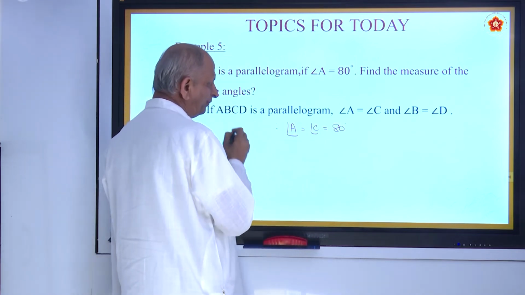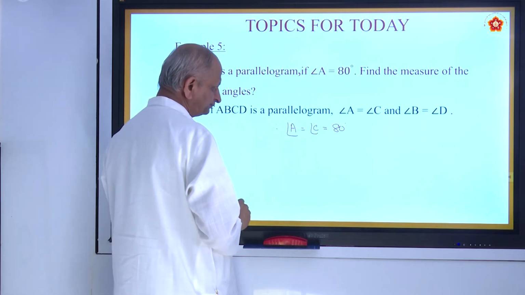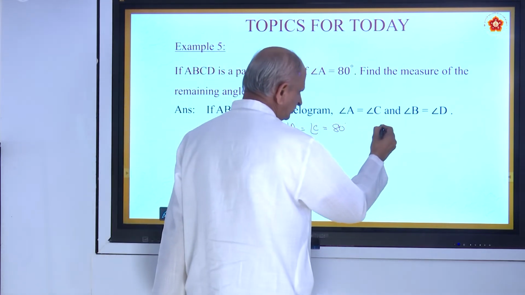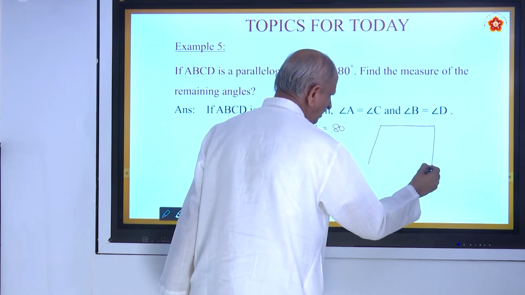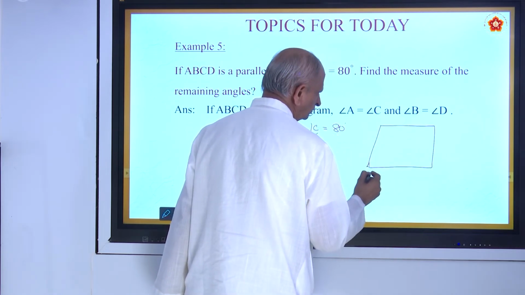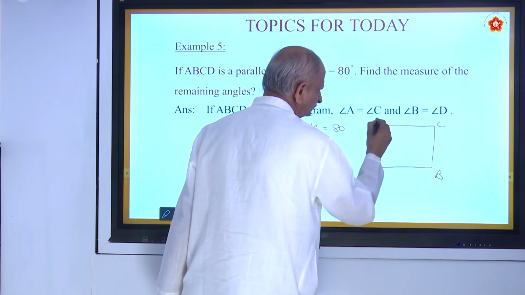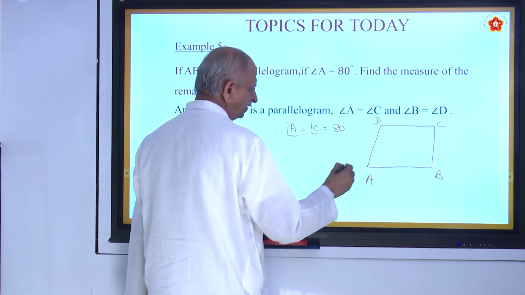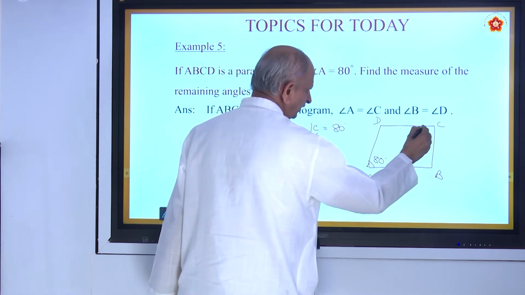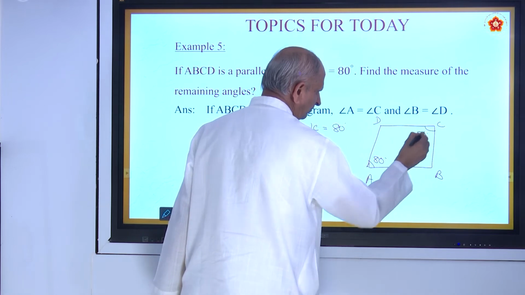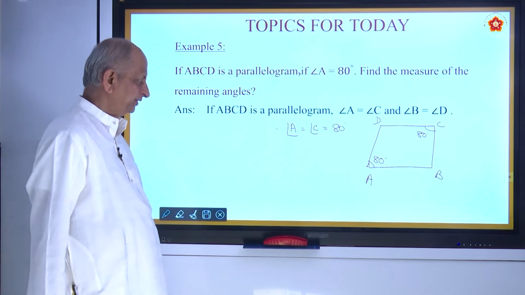Now how to find out B and D? So this is 80, that is 80. Suppose this is a parallelogram. I am drawing a rough figure. A, B, C, D. Here A is given to be 80. C also becomes 80. So 80 plus 80 how much? 160.